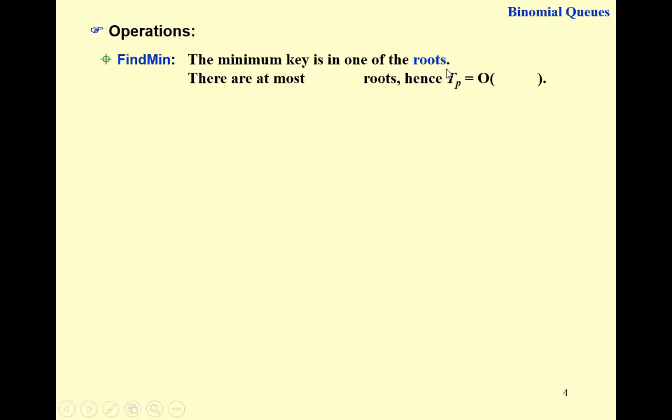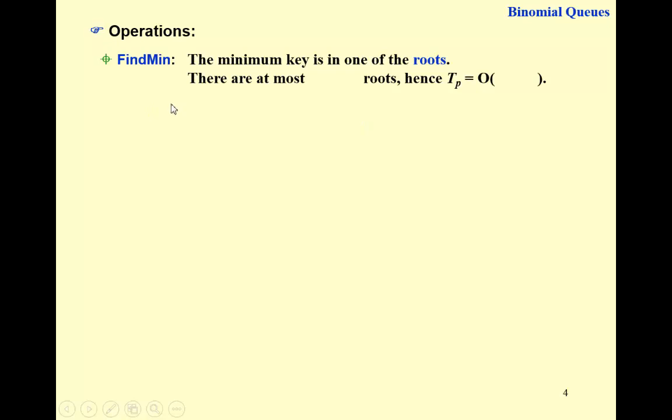So the time complexity depends on the number of roots. If we have totally n nodes in the queue, there must be at most how many roots? Think about it. It's the same question as to ask, given any integer n, if we rewrite this integer n in its binary form, how many bits do we need to store this n, right?